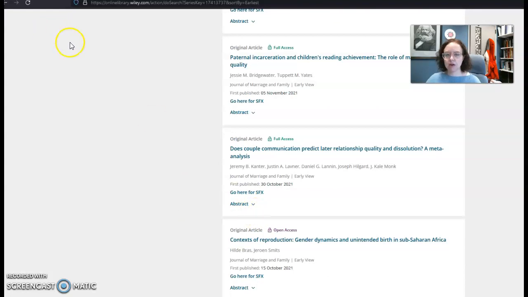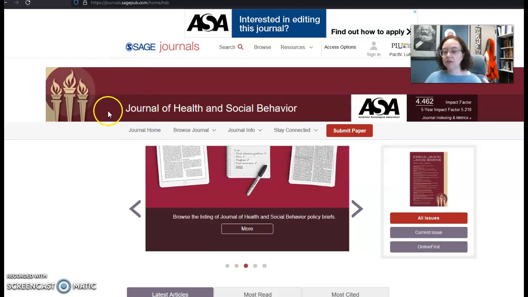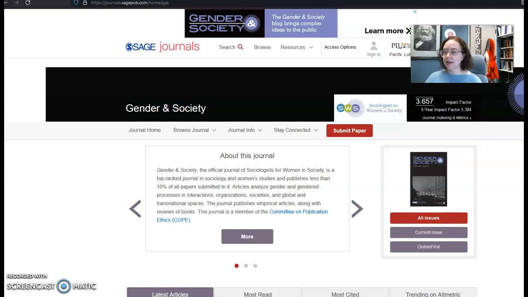national wealth inequality. So the Journal of Health and Social Behavior. Deja, you'll probably be here. This is the premier flagship journal of people that are looking at health issues. Youth and Society might be something that any of you that are looking at young adults might use. Gender and Society, anybody that's looking at issues of gender.